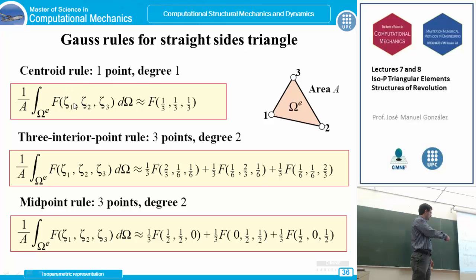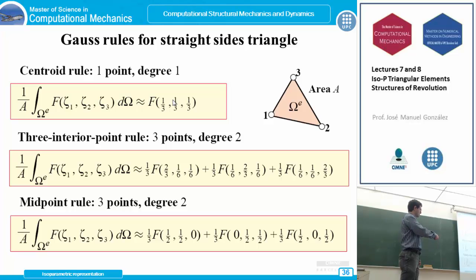Now we are going to define this function, but any function is integrated depending on these triangular coordinates or natural coordinates, like the value of this function at the centroid point, 1/3, 1/3 and 1/3, which are the three triangular coordinates of the centroid of the triangle. This assures us a 1 degree polynomial interpolation for the primary variable, for the integration.